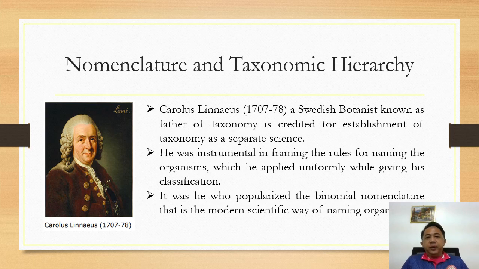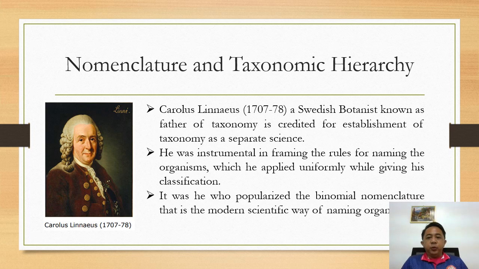The next slide tackles the history of nomenclature and taxonomic hierarchy. If you recall, in our previous lesson in general taxonomy, the father of modern taxonomy is Carolus Linnaeus. Okay?